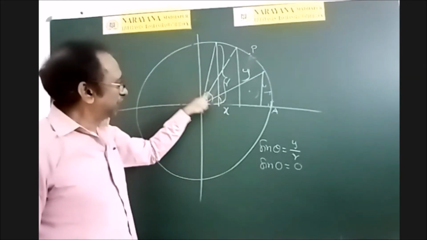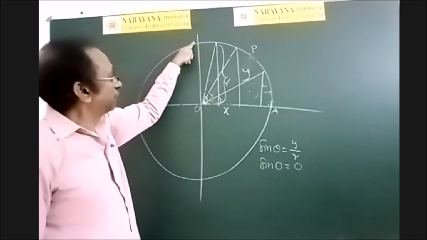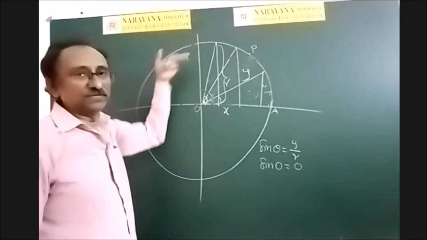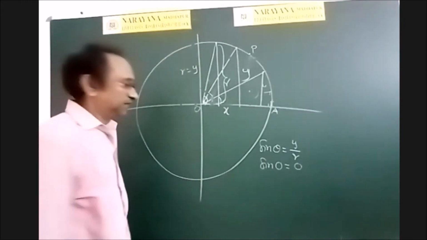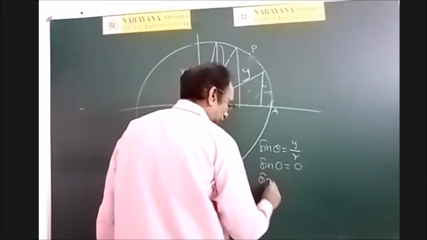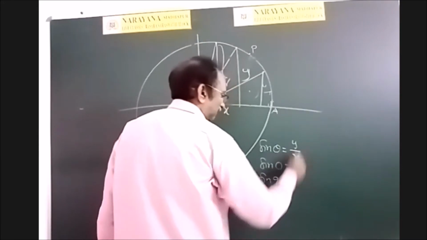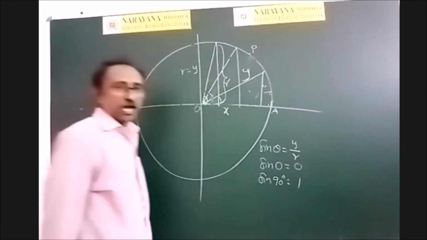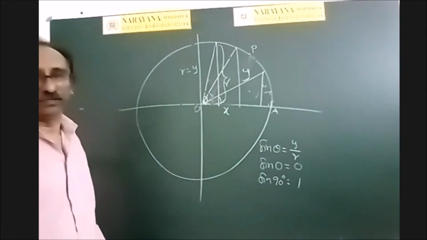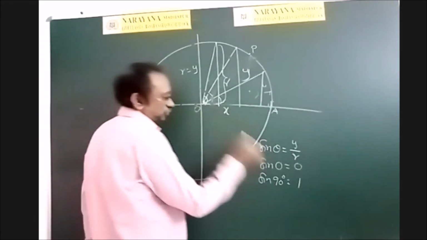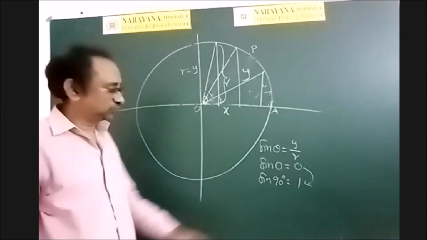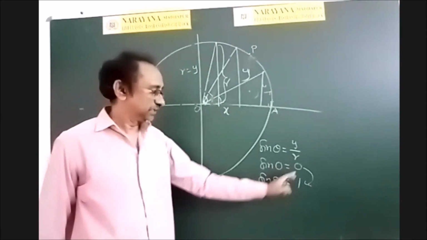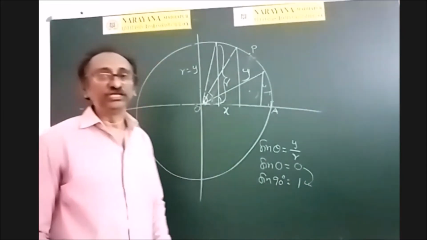Therefore, if theta is 90 degrees, the maximum value is this only. That is nothing but the radius. So the radius is equal to y here, and therefore sine 90 degrees is equal to y by r, that is r by r. That is 1 only. So the sine value increases from 0 to 1 as you move from 0 degrees to 90 degrees.